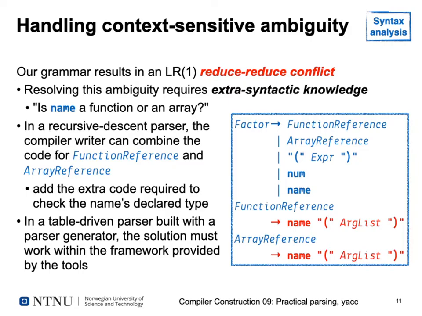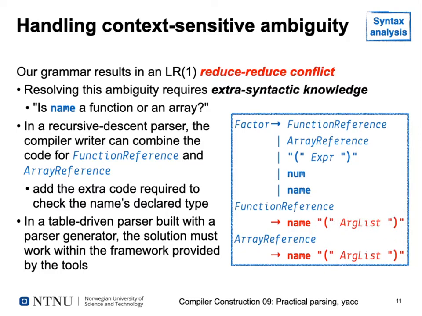So we need to know: what is called name here, is it actually a function or is it an array? Now in a recursive descent parser, so a top-down parser, the compiler writer could combine the code for function and array reference, and then add the extra code required to check the name's declared type whenever it has found a reference that resolves to name, bracket, argument list, closing bracket.